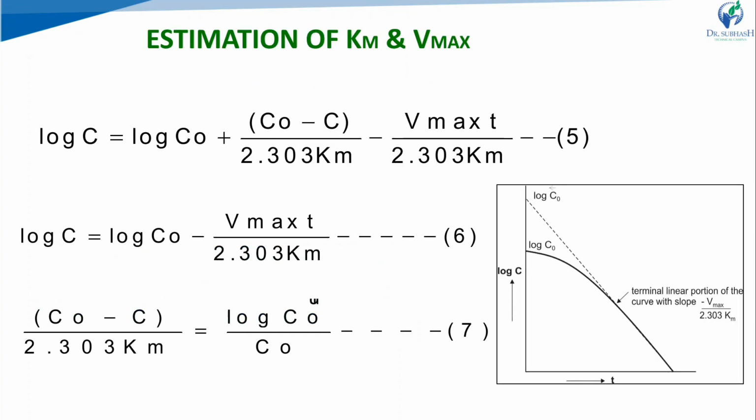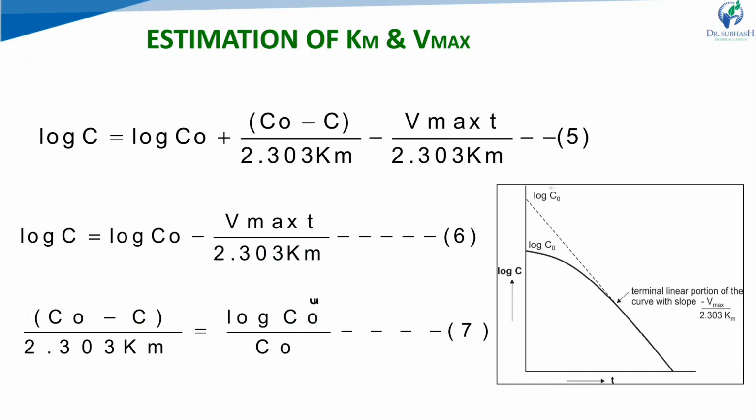Now we have to find out the estimation of Km and Vmax values. These are parameters of capacity limited processes like metabolism, renal tubular secretion, bile secretion, and absorption. Km and Vmax can be assessed from the plasma concentration time data collected after IV bolus administration of a drug with non-linear elimination.